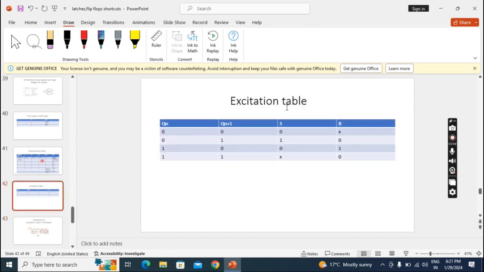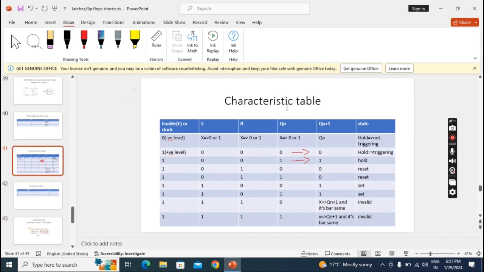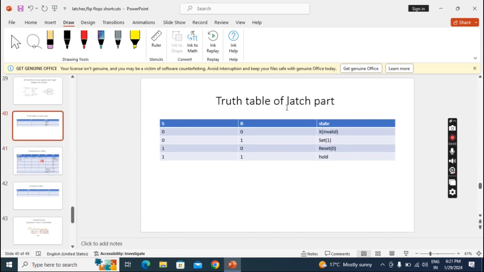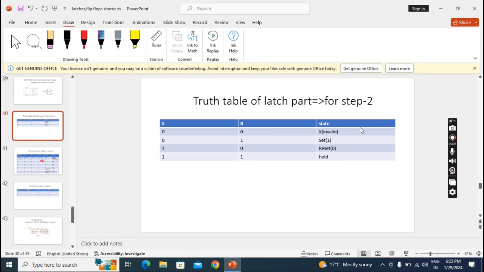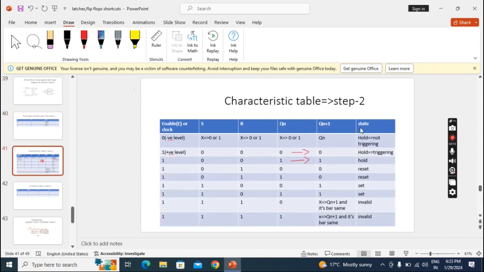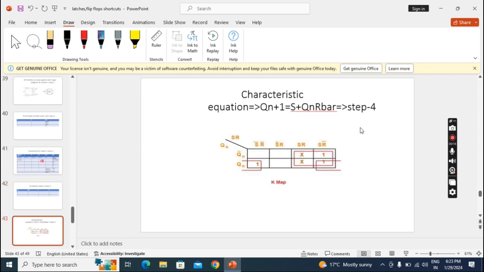Okay. So this is step 1. This is for step 2. Then this is step 2. Then step 3. Step 4.